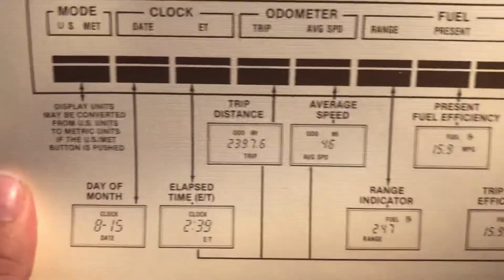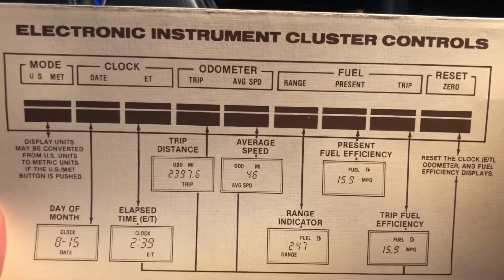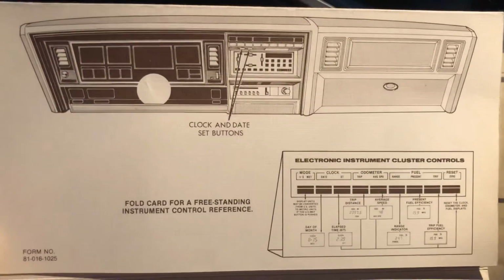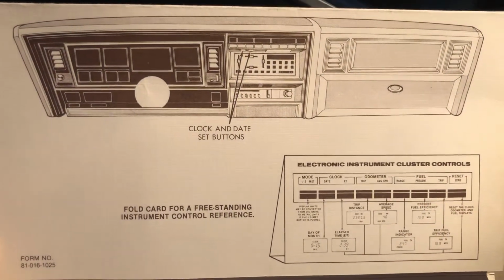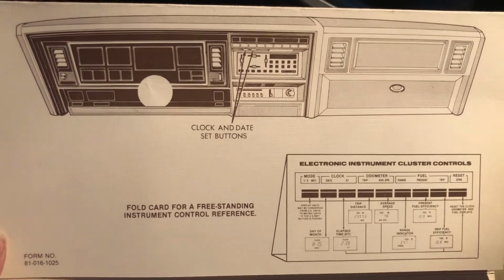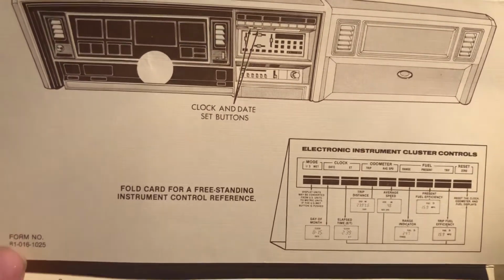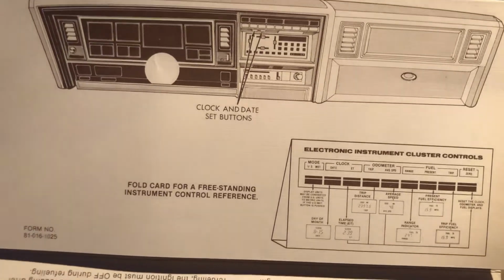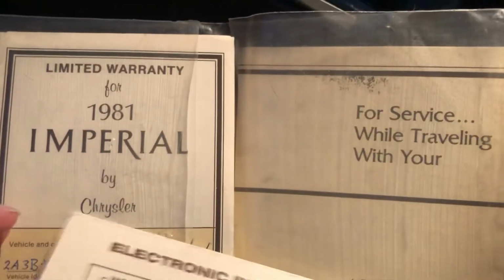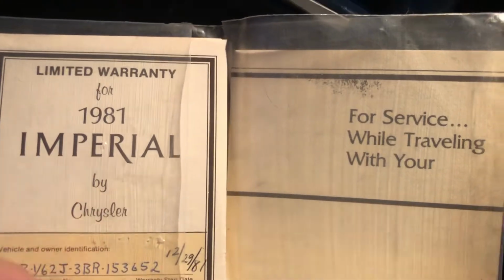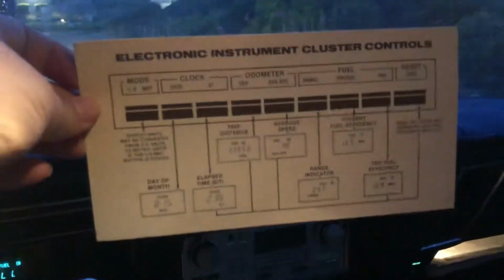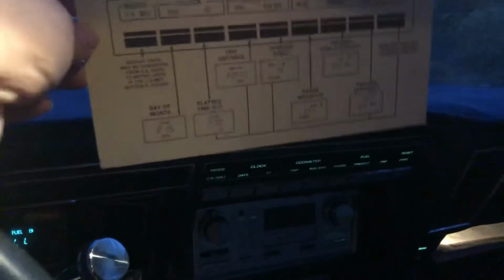And then, of course, on the other side here, as I mentioned, it shows the controls themselves. And then over here, it shows the actual dash with the AM/FM radio, digital radio. And I guess I can fold card for freestanding instrument control reference. So I guess I could put it on top of the dash or something. I don't know. Like, hey, I don't know what I'm doing. Let me look at what I'm doing while I'm driving.